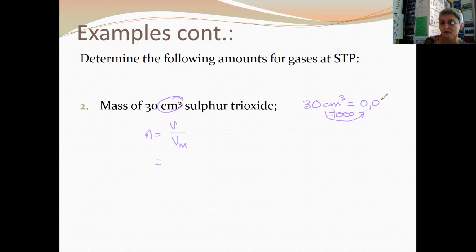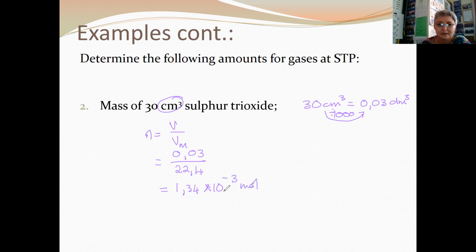So it's 0.03 cubic decimeters. So 0.03 cubic decimeters divided by 22.4 cubic decimeters. The units must be the same. 0.03 divided by 22.4 is 0.0134. I'm going to write it in scientific notation, 1.34 times 10 to the minus 3 moles.